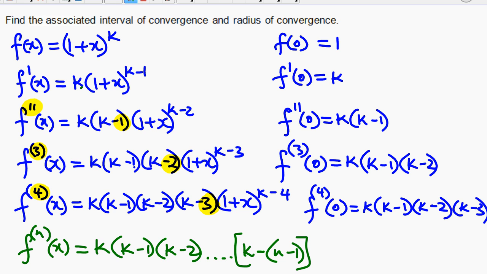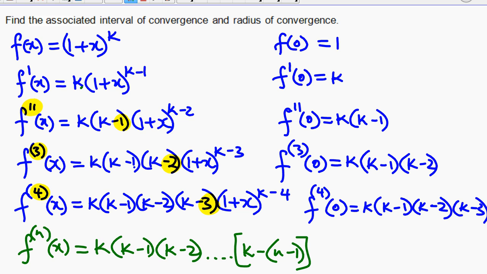Because here when n was 4, we stopped at 3, which is 4 minus 1. When n was 3, we stopped at 2, which is 3 minus 1. When n equals n, then we stop at k minus n minus 1.